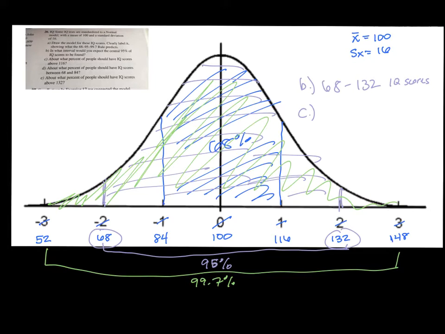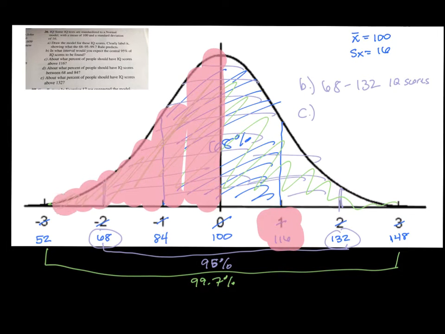Then it says, for C, about what percent of people would have IQ scores above 116? So since 116 is located, let me do this in a different color. Let's highlight it actually. Alright, since 116 is located here, and I already know that if I shade from 0 all the way to the left, that's 50%.